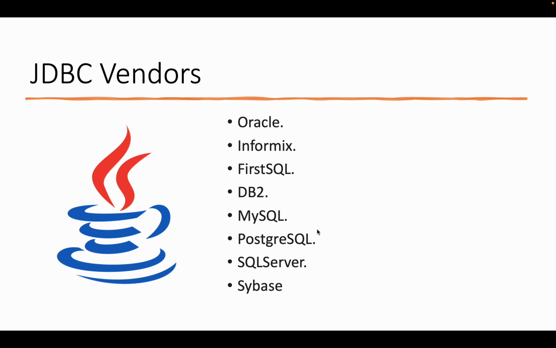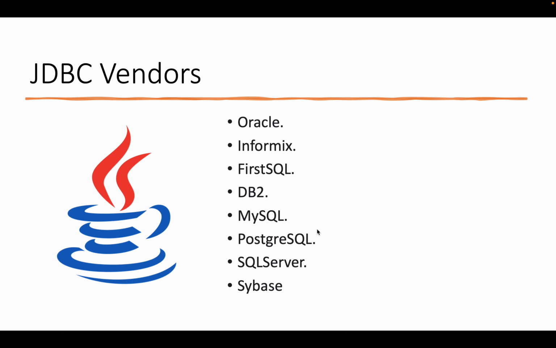So the JDBC, as we said, is a specification, which means it's an abstraction. You can think of it like that. Then it has the implementations, or the vendors in industry terms. The way you talk to a database differs between several database management systems.